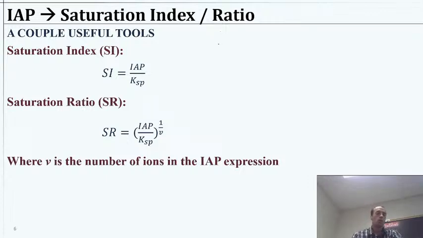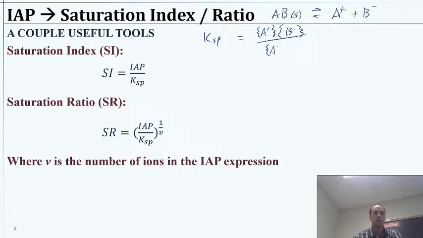We could call this a saturation index, to say how saturated the solution is, let's say of sugar or sodium chloride. We write it as the ion activity product over the solubility product. Normally we would consider a solubility product for some solid AB that dissociates to A plus and B minus. The solubility product would then be, properly, the activity of A times the activity of B, divided by 1, because the activity of a solid becomes 1.